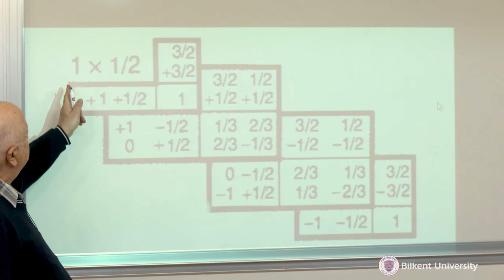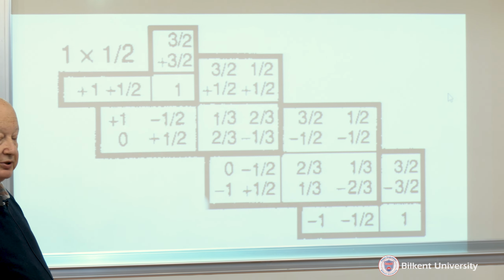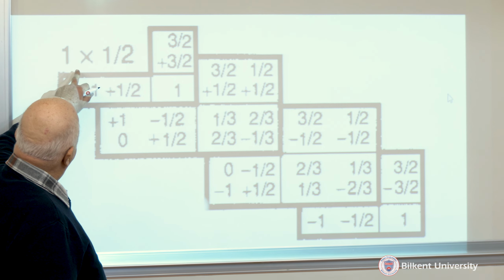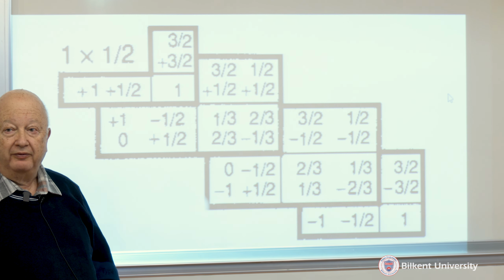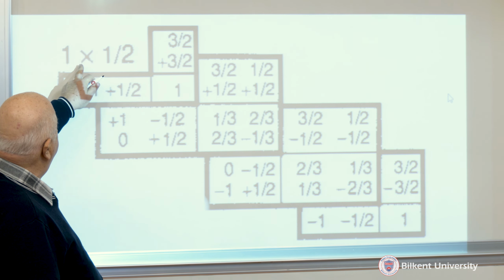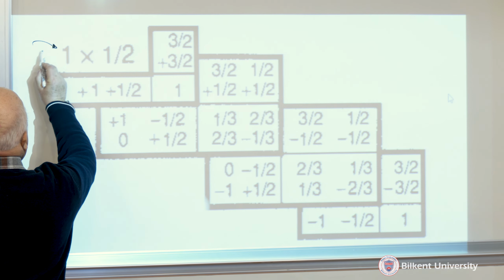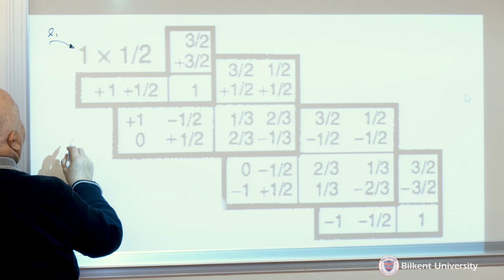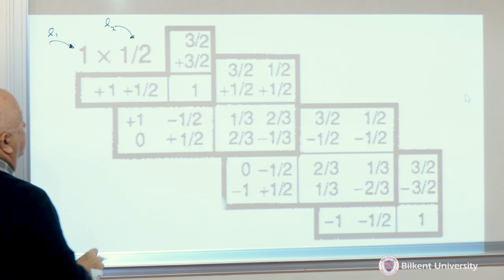Okay, so if you look toward the top left of the tables that I just distributed to you, you'll see a piece which says 1 cross 1 half. So these things correspond to, okay, nice thing about projecting on the board is I can write, this is L1, and this here is L2.